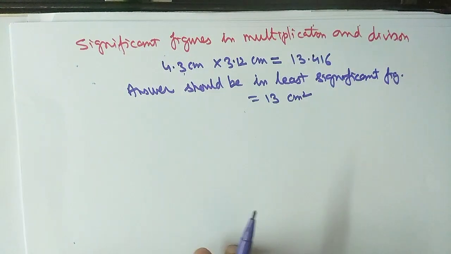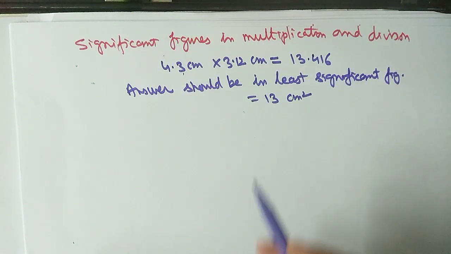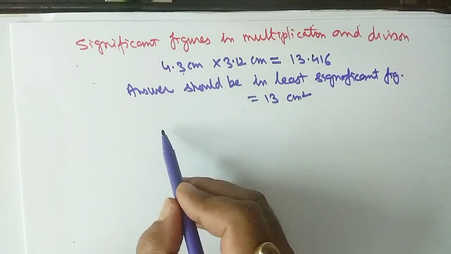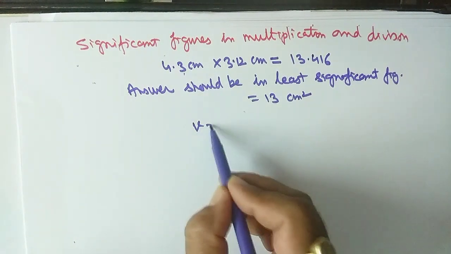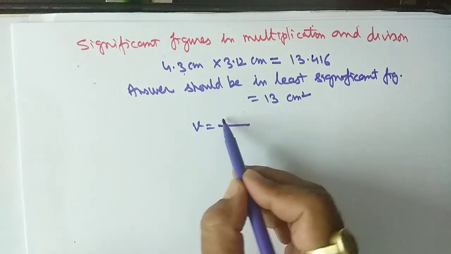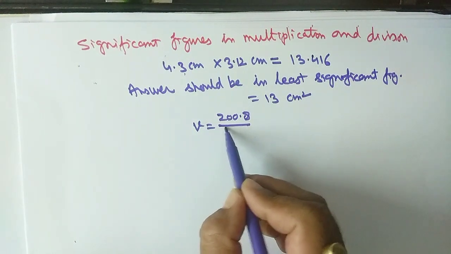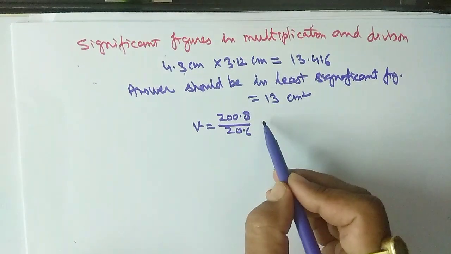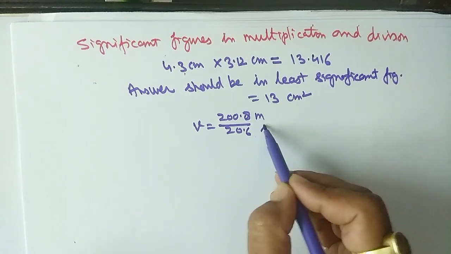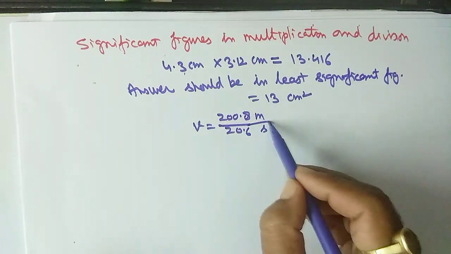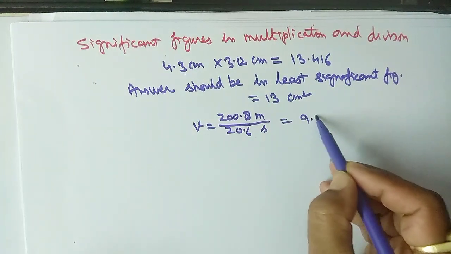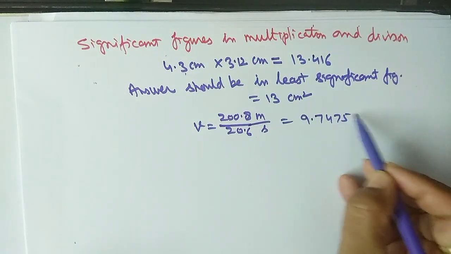Okay, and see another example of the division. Suppose I am taking the two values as a fraction, 200.8 and 20.6, in meter per second. So if you find its answer, it is 9.74757.